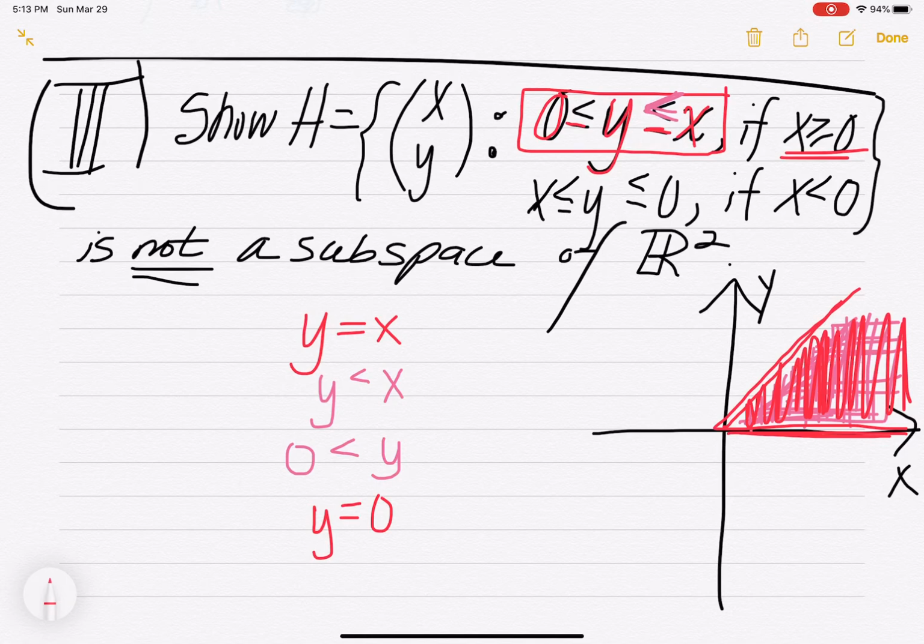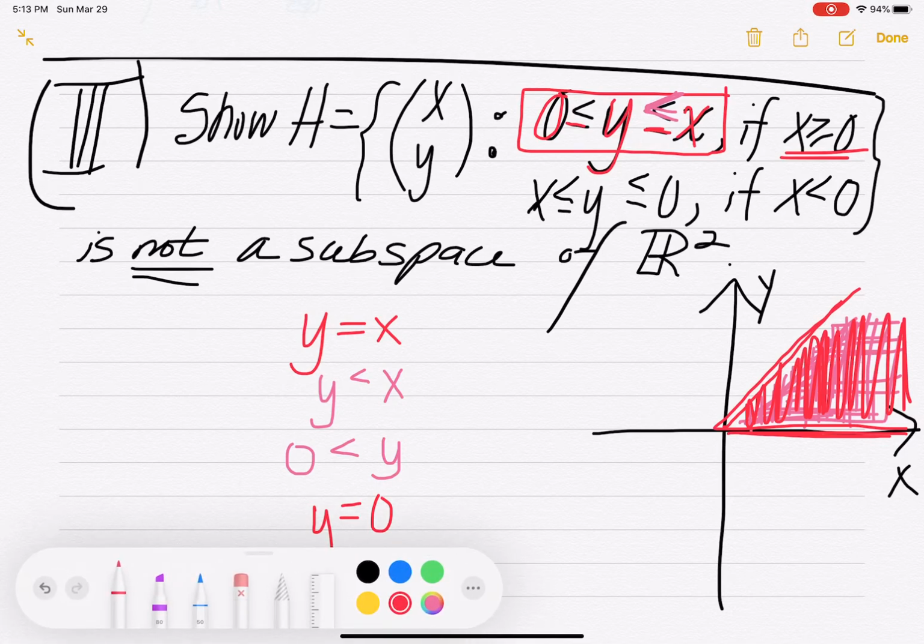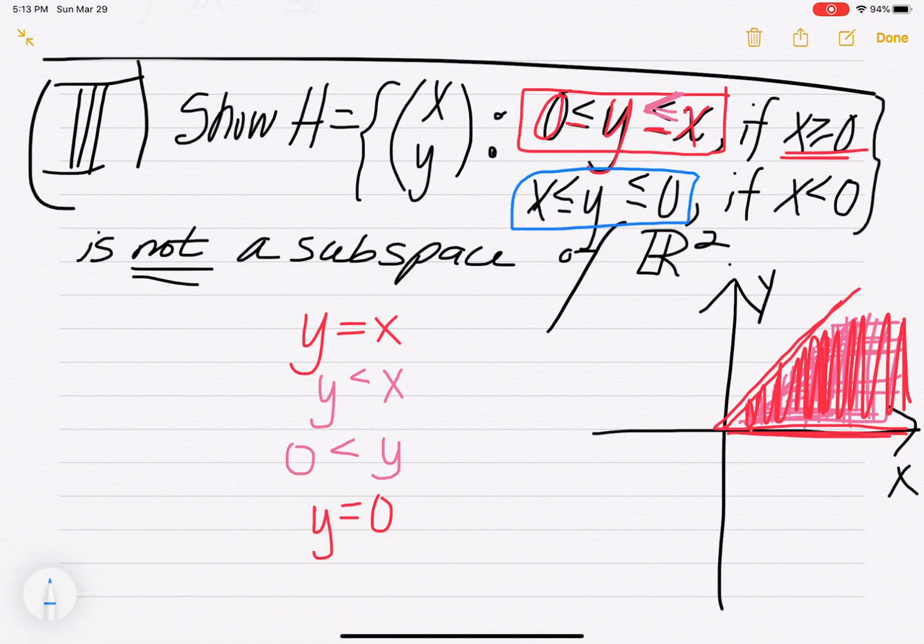Now if you look at the second part, I guess we can use a little green for that, or maybe blue. This is when x is negative, when x is less than 0. So it's going to be to the left-hand side.